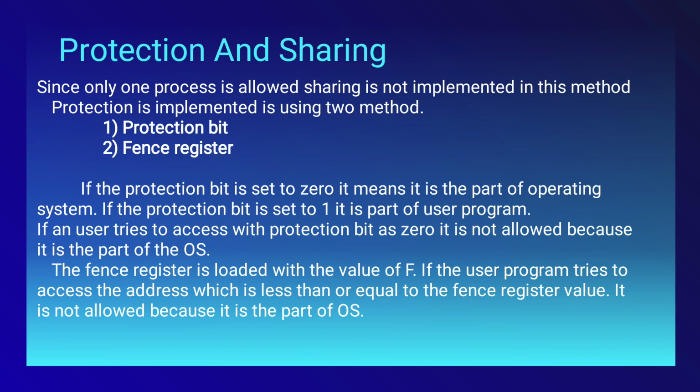If the protection bit is 0, it is part of the OS. If the protection bit is 1, it is part of the user part. If the user tries to access a location with protection bit 0, the access will be denied, because it is only part of the OS. The user never has rights to access the OS part.